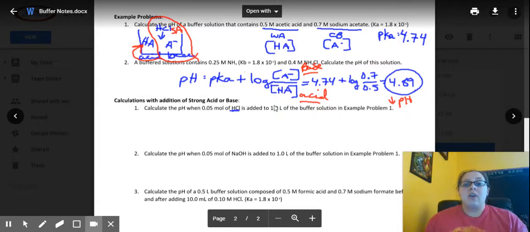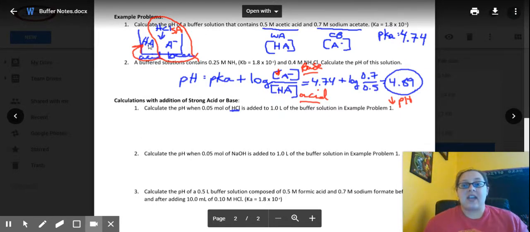In order to first approach this, we have to understand conceptually what's going on, because we're going to have to write a reaction and set up a RICE chart in order to figure out what's going to happen. This A minus is what we have present here. Because it is reacting with the HCl, this A minus is going to decrease a little bit.